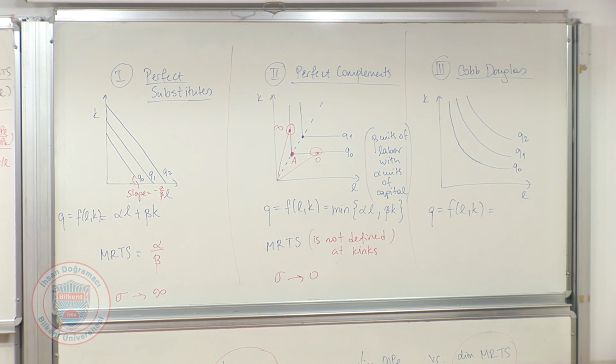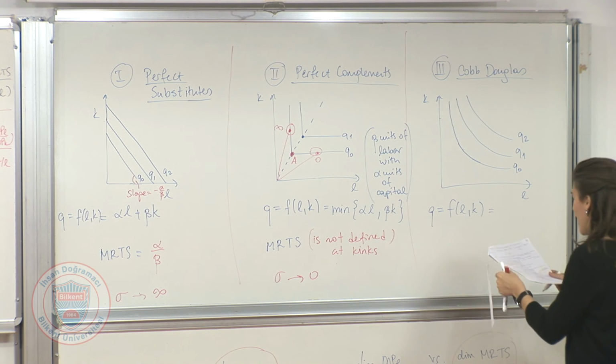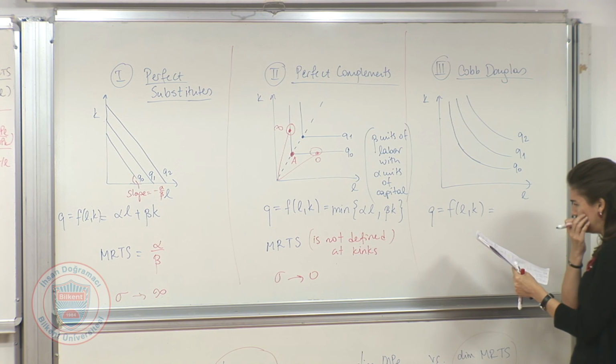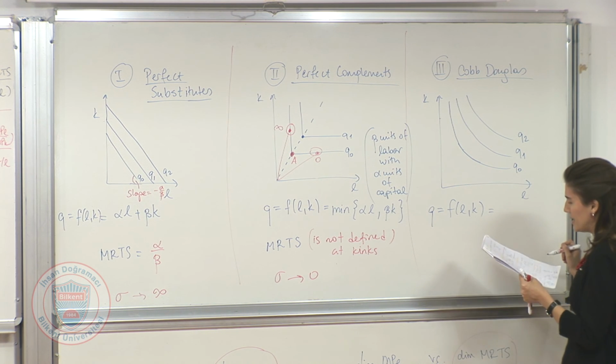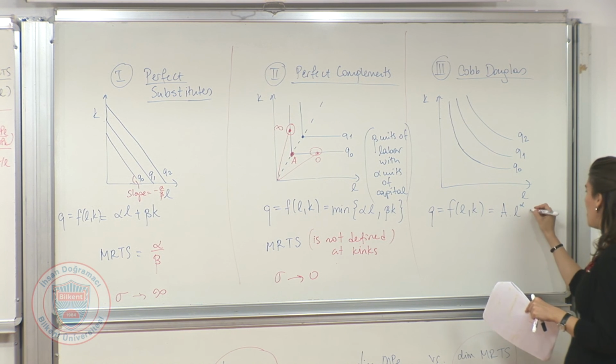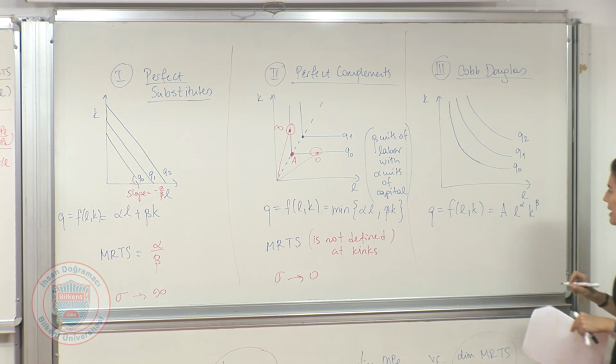How were we writing it? We can have A times, so this is, let me see, yeah, let's put this: Q = A times L to the power alpha, K to the power beta, okay?